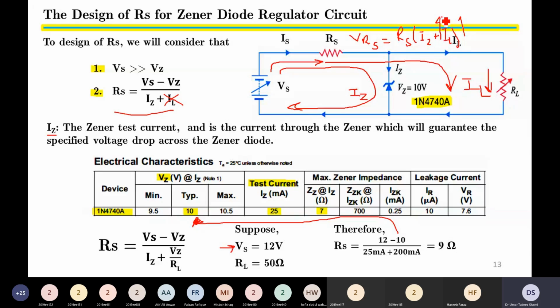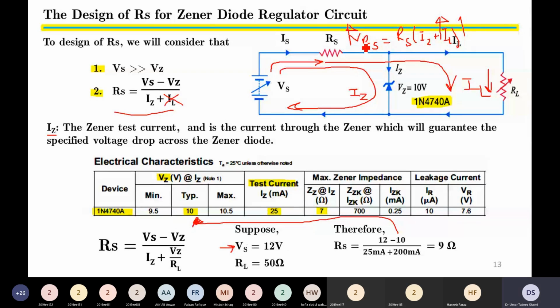So as IL increases, VRS will also increase. Correct? Yes sir. And when IL increases, VRS also increases.